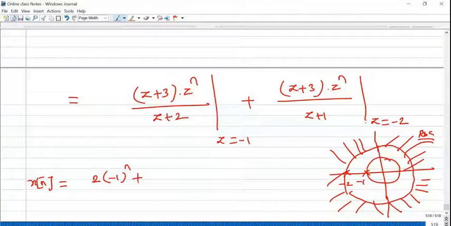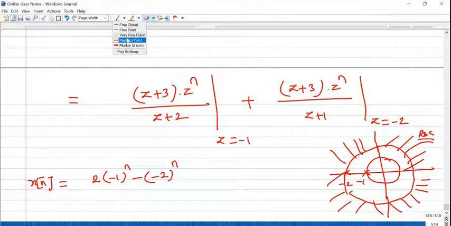Plus, substitute z equal to minus 2: 3 minus 2, 1. So minus 2 power n, divided by minus 2 plus 1, which will give minus. So this is your x of n result.